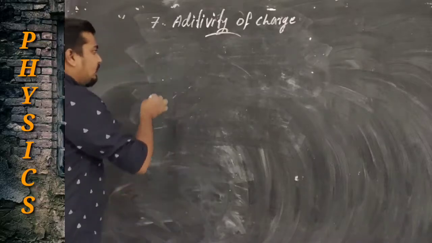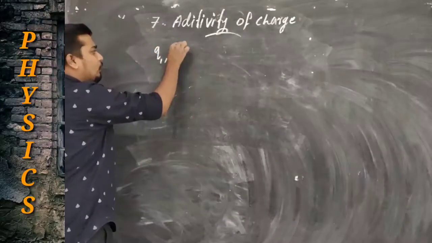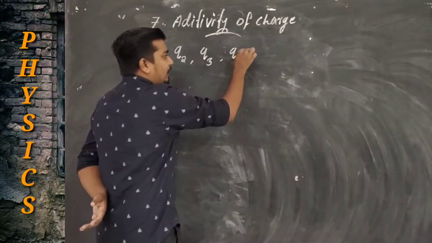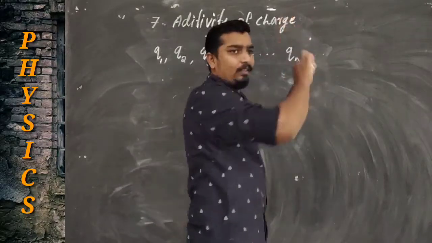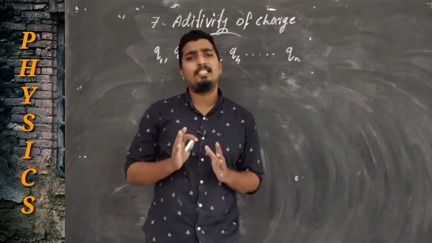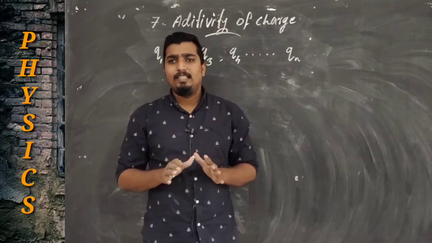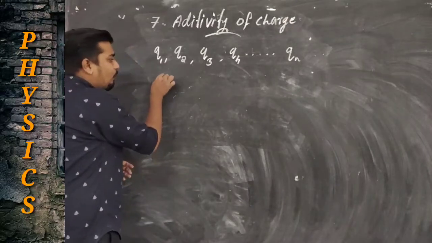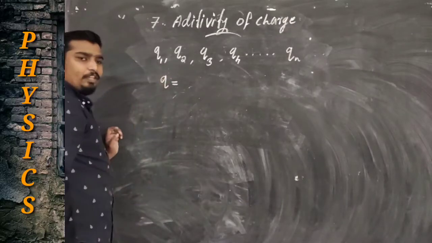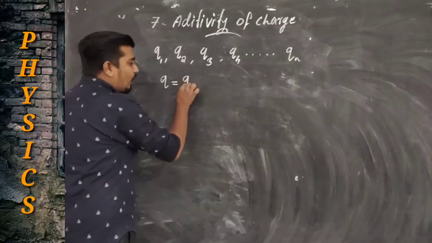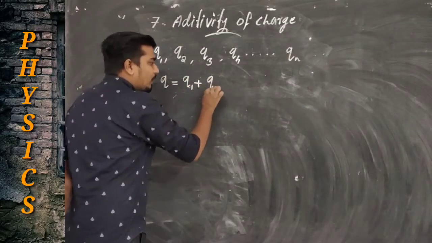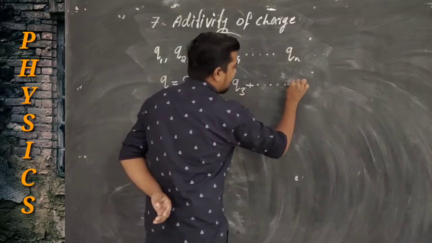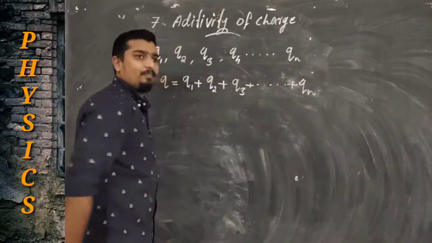If Q1, Q2, Q3, Q4, up to Qn are the charges on the surface of a body, then the total or net charge is Q equal to Q1 plus Q2 plus Q3 plus, and so on, up to plus Qn.